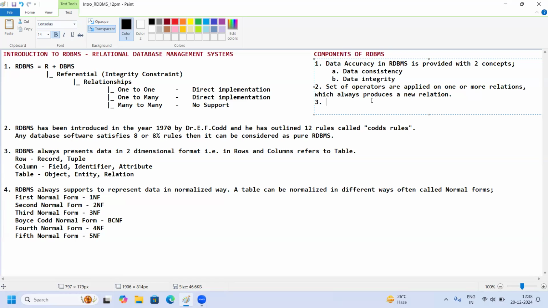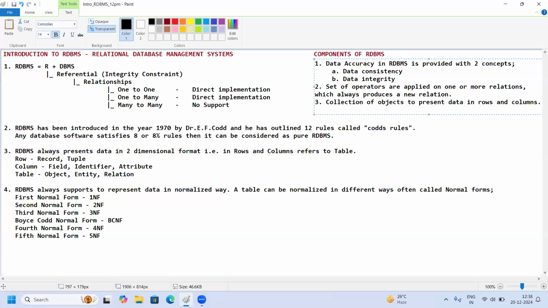And coming to the most important point, what you study is, remember, a collection of objects to store data in, a collection of objects to present data in rows and columns.